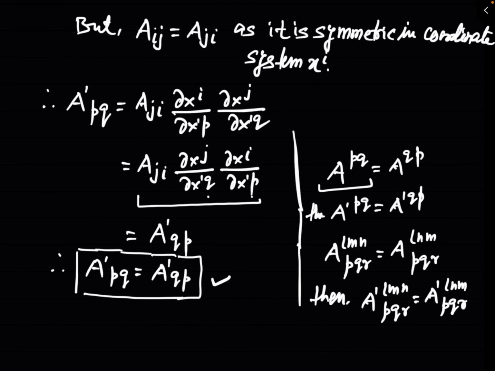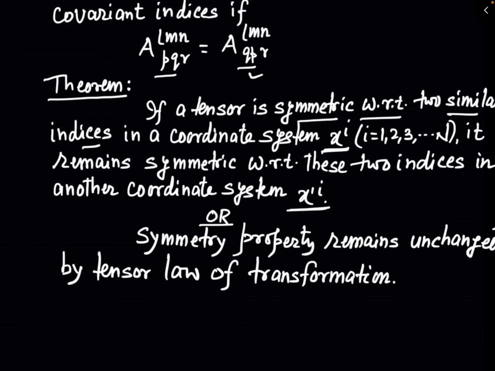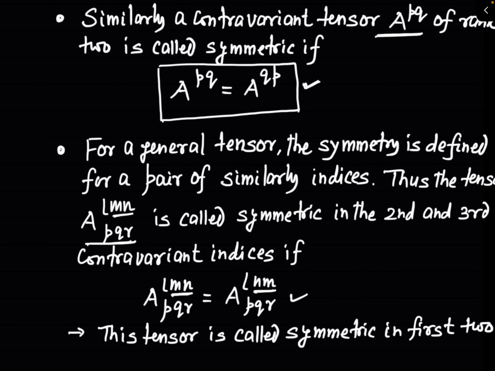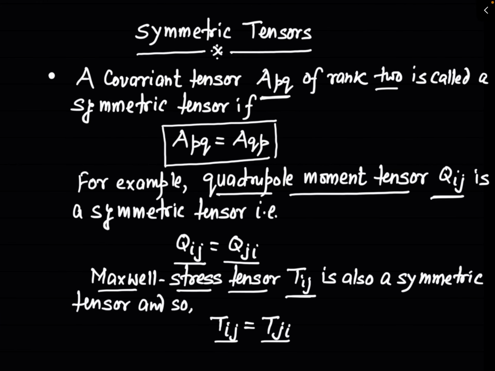And as I have told you earlier, these tensors, that is the quadrupole moment tensor and the Maxwell stress tensor, in 3D space, this quadrupole moment tensor has 6 independent components, and this Maxwell stress tensor also has 6 independent components.